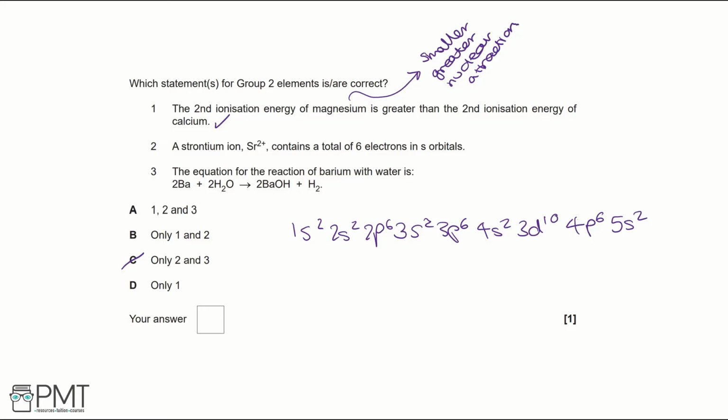And because we're making a 2+ ion, we need to remove 2 of these electrons, and that's going to be our 5s2 electrons we remove.